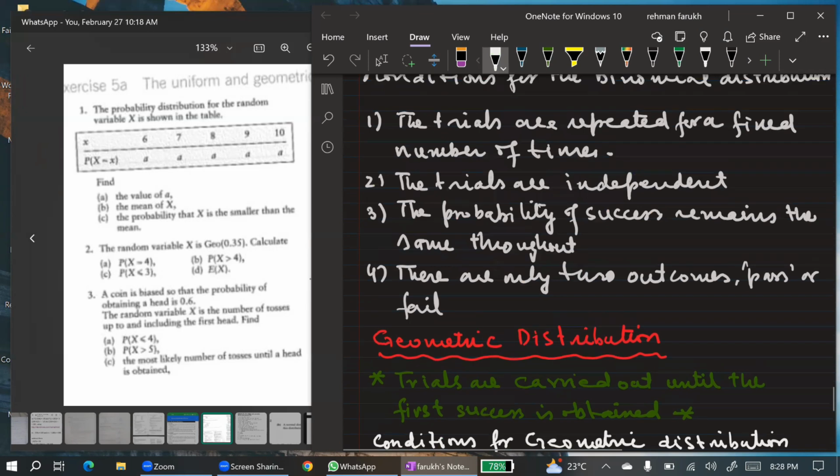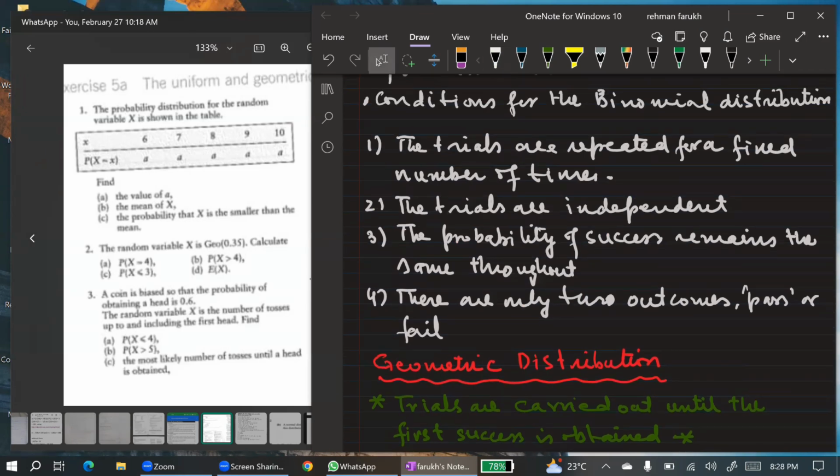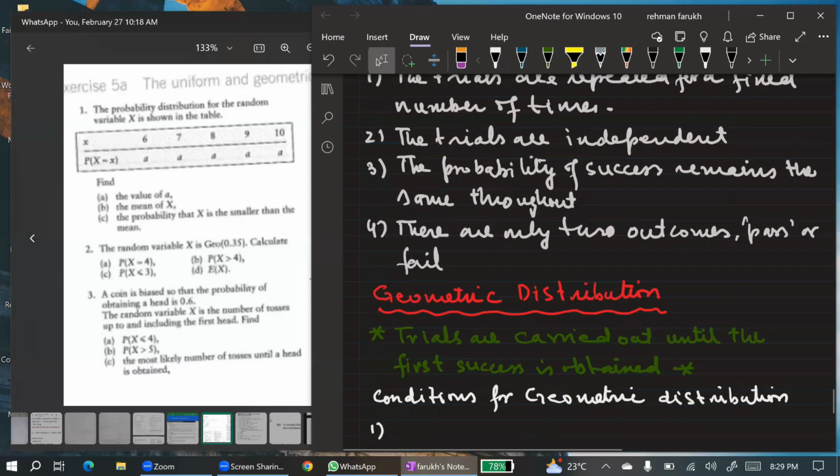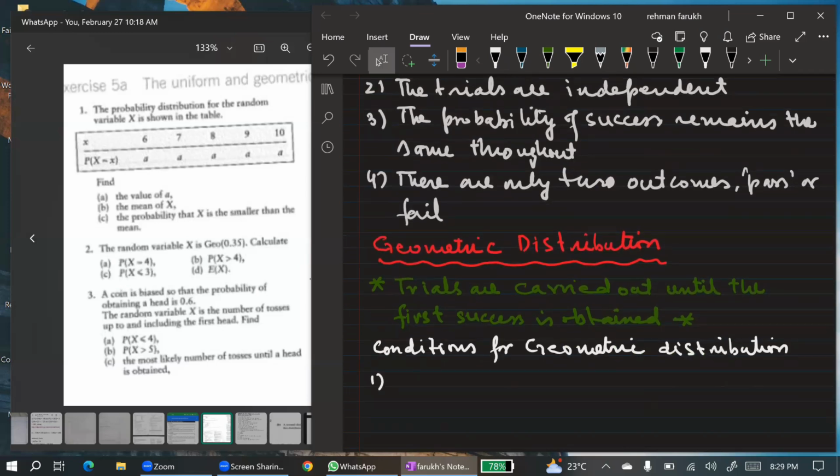In binomial distribution, the first condition is trials are repeated for a fixed number of times. But in geometric distribution, trials are not fixed. We will perform the trials until the first success is obtained. So condition number one is not valid for geometric distribution. The other three conditions are also applicable to the geometric distribution.